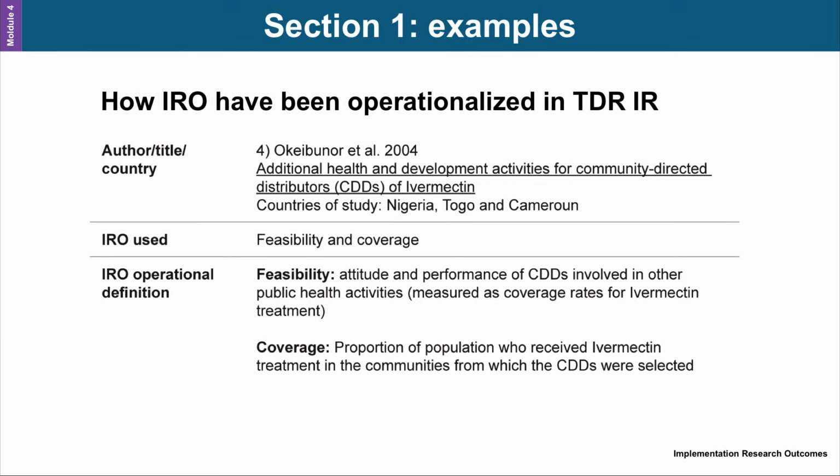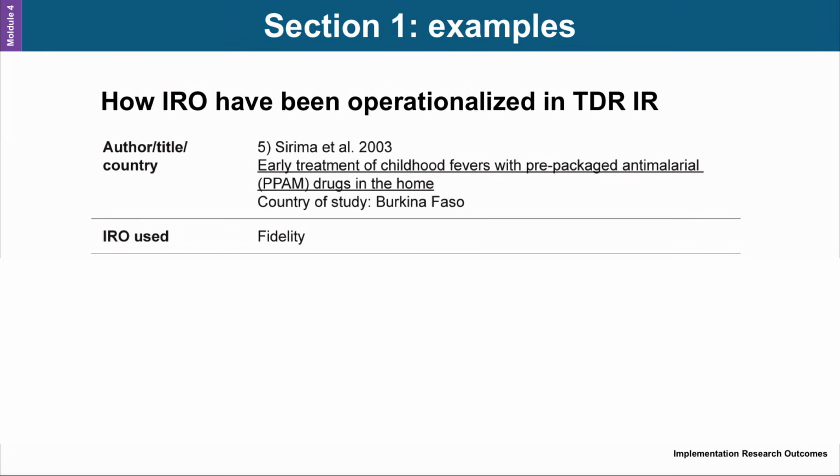In the study, early treatment of childhood fevers with prepackaged antimalarial drugs in the home, Sarima and colleagues evaluated the impact of using prepackaged antimalarial drugs by mothers at home on the progression of disease in children from uncomplicated fevers to severe malaria.